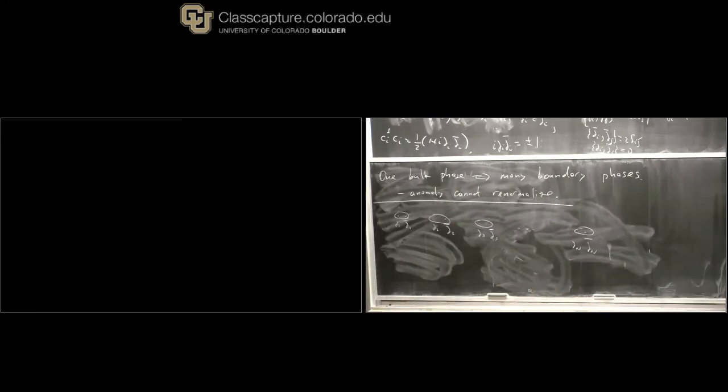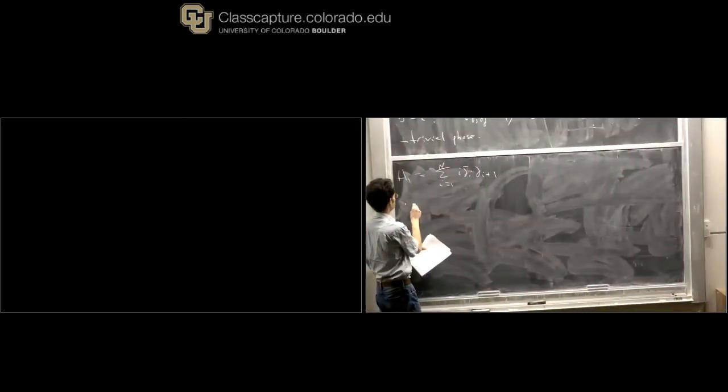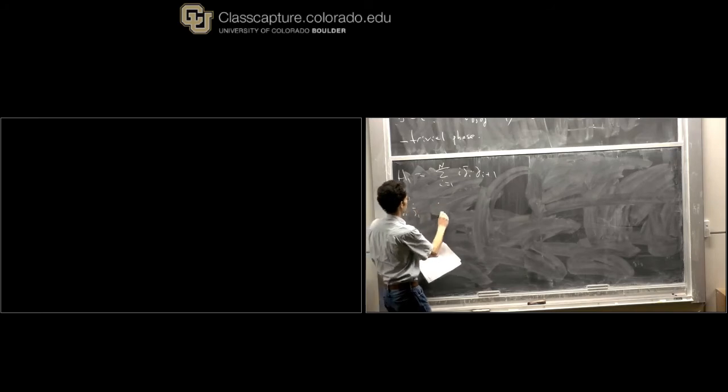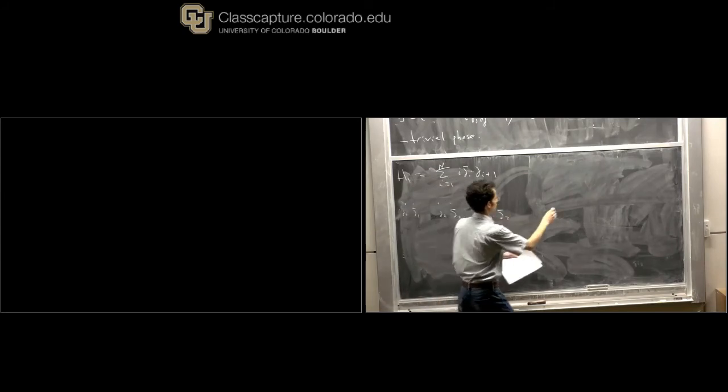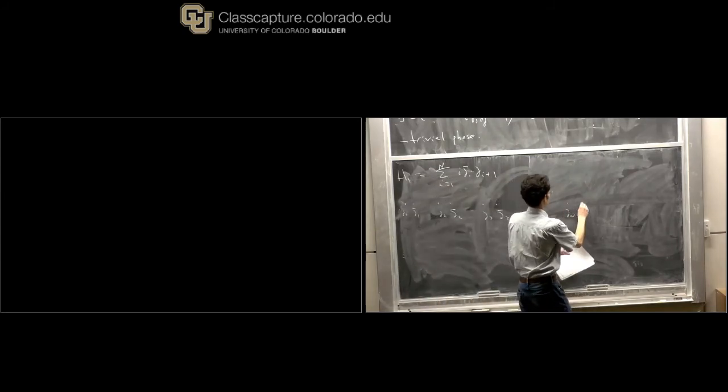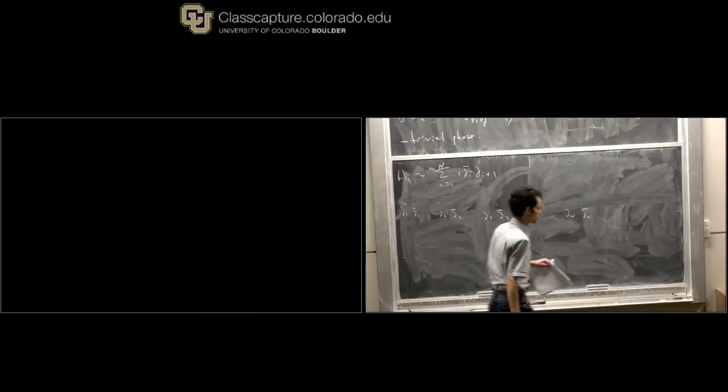So the picture now looks like this: gamma 1 bar, gamma 2 bar, 3 bar, gamma n bar, and I couple things in the following way.